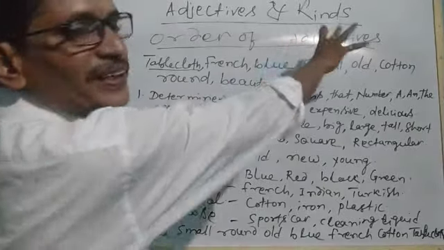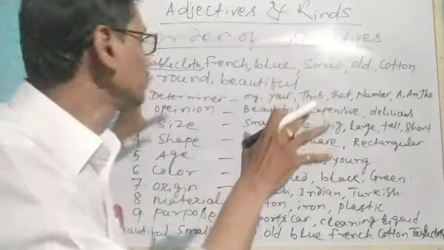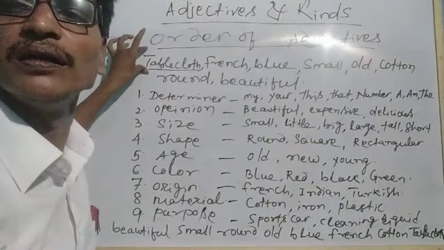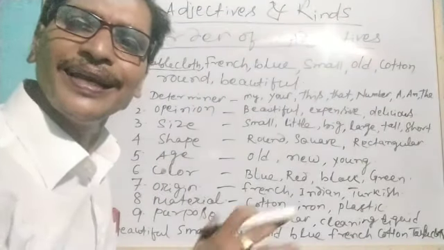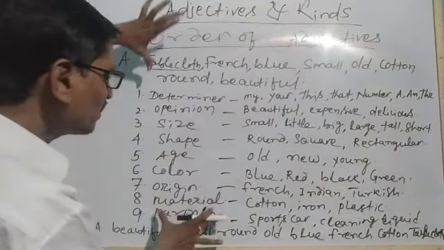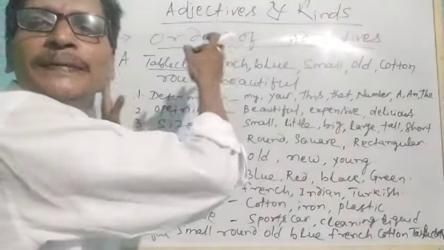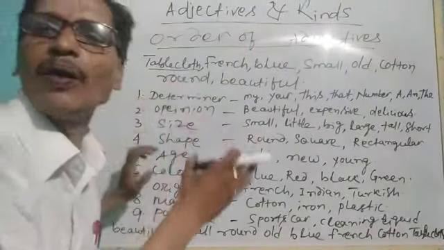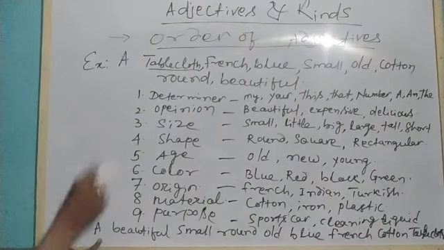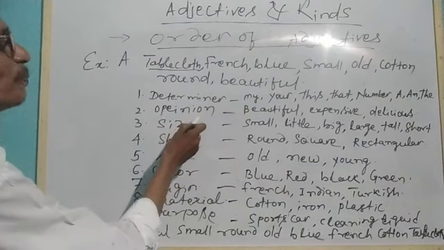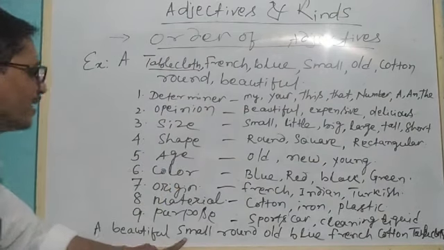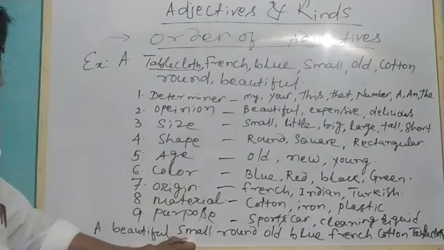All these different adjectives are modifying the word tablecloth. Let's see how we arrange them. First the determiner: a. Then opinion: beautiful. Then size: small.